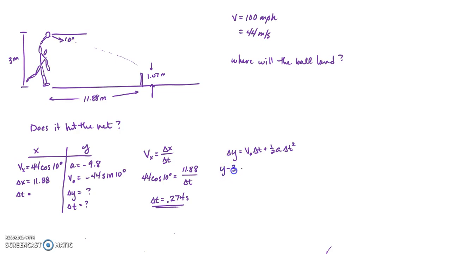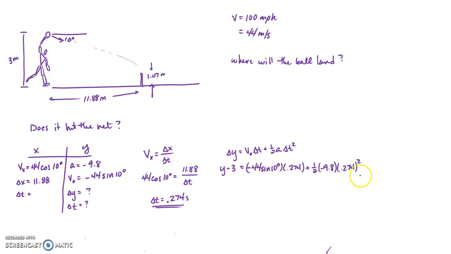Okay, so my final is actually where I'm going to be minus my initial. Well, I hit it from a height of 3 meters. So now my initial velocity is going to be that negative 44 sine of 10 degrees times delta t, which I know, so I should just put it in there now. Why wait till later? So I know that my time is 0.274 plus 1/2, negative 9.8, because that's my acceleration, times that time squared.